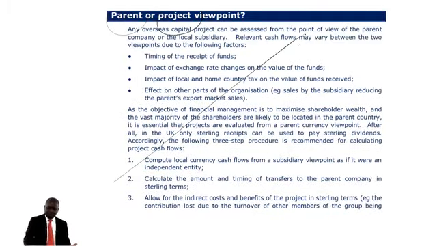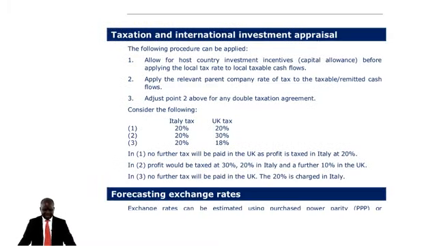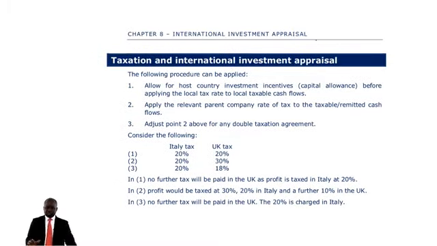If you want this one, you can just cancel it because the calculation brings it out. All that we are explaining there is just to remind you that you need the net cash flows overall in terms of the currency of the parent company, not the currency of the country in which the project is supposed to be undertaken.